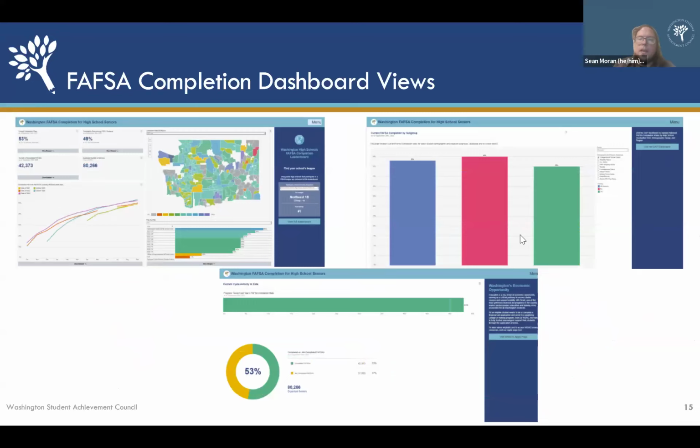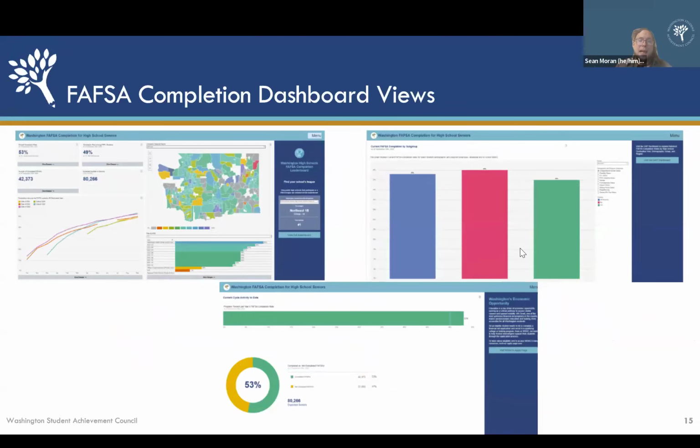So, right here, we are looking at subgroup college bound status. That means all students would be all students. So this is kind of the general FAFSA completion rate. Then yes means those who are college bound students. And then no means students who are not college bound students.